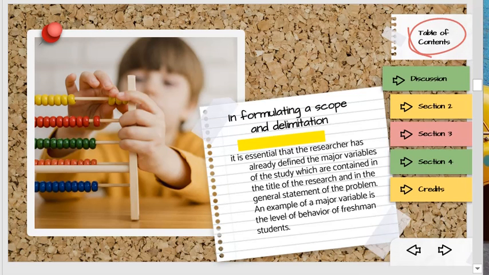In formulating a scope and delimitation, it is essential that the researcher has already defined the major variables of the study, which are contained in the title of the research and in the general statement of the problem. An example of a major variable is the level of behavior of freshman students.